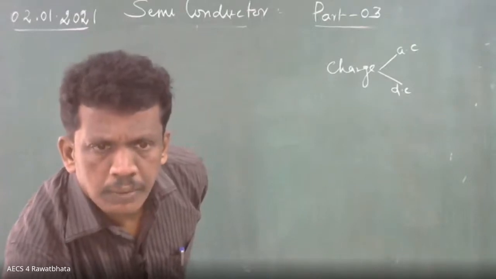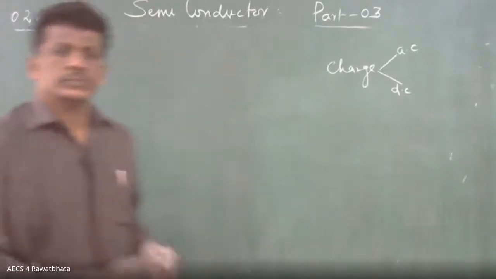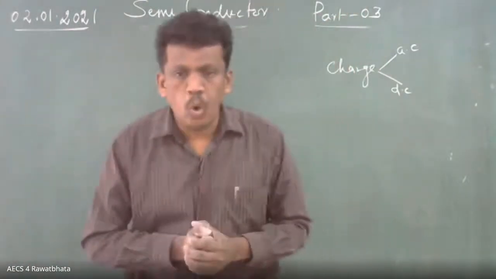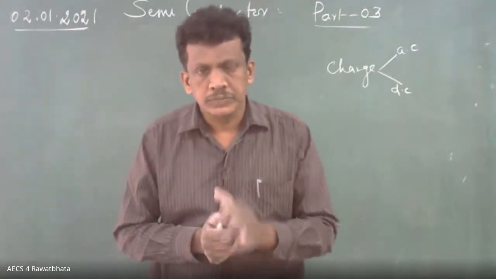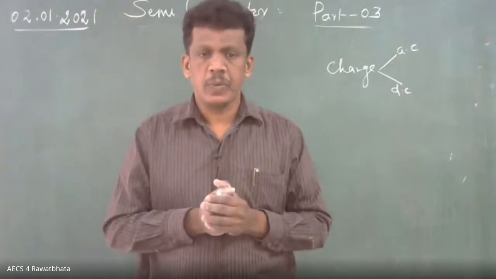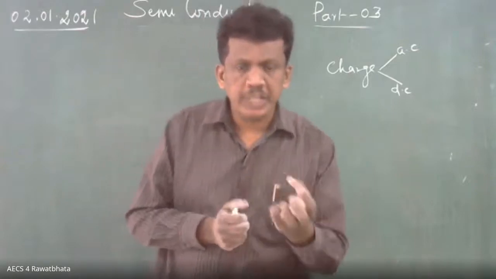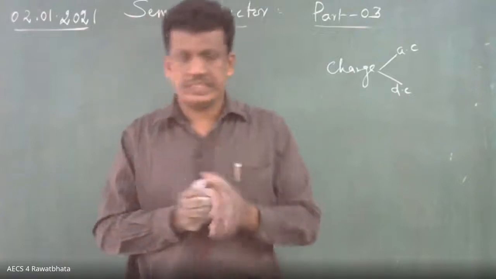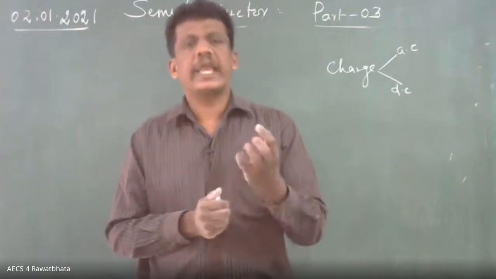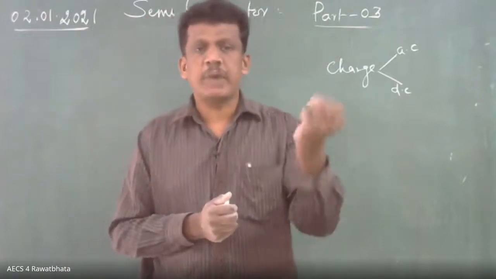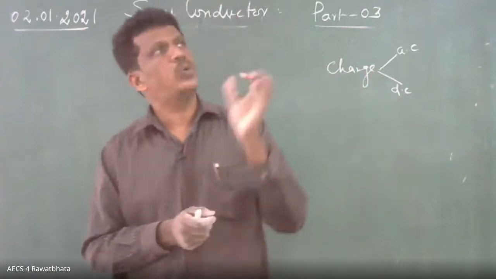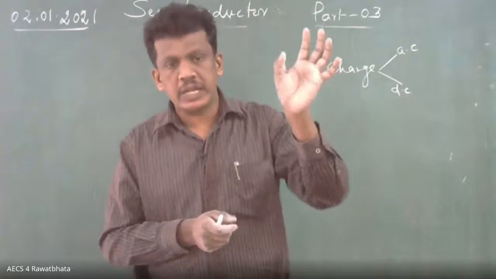Okay. Now, what is the electricity we are getting at home? AC. Because what is the advantage of AC? From AC you can easily convert it into DC. This is point number 1. Second one, the power dissipation, power wastage, that will be less in AC. Because how to control AC current?